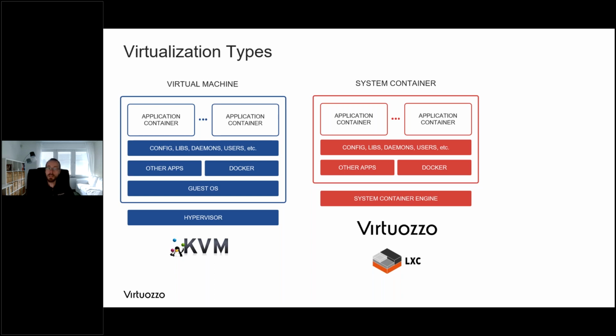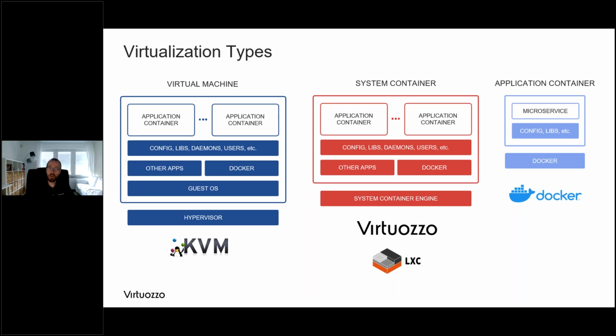On the other side, there's also upstream technology in Linux available called Linux containers. They are very similar to our system containers, but they come without live migration, without out-of-the-box backups, without live kernel patching, and so on. And then lastly, the smallest subset is an application container, which you are probably familiar with.